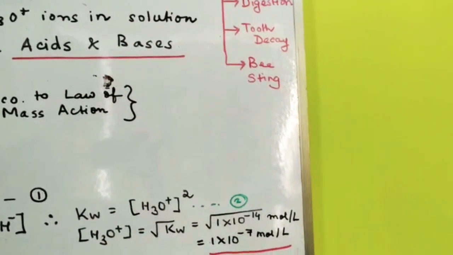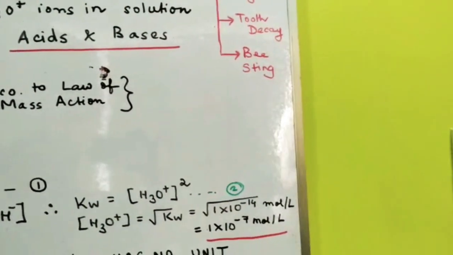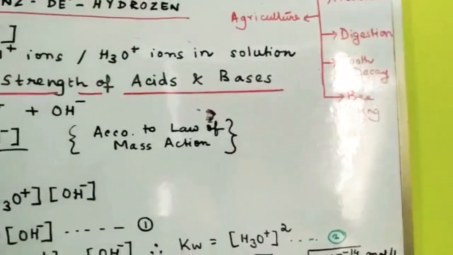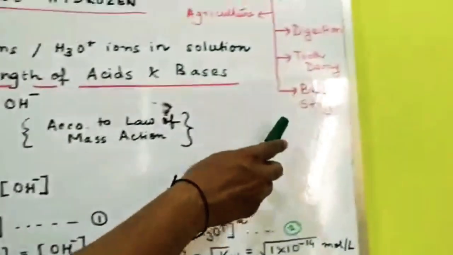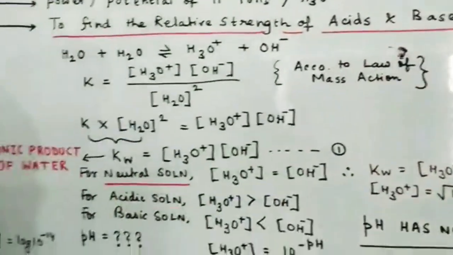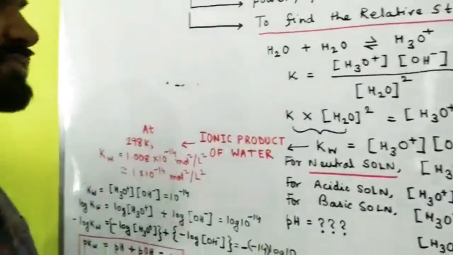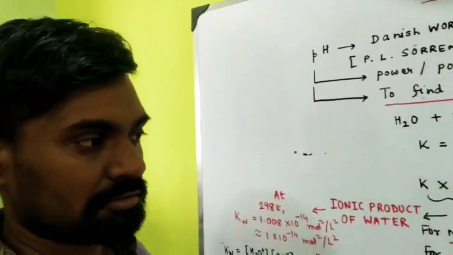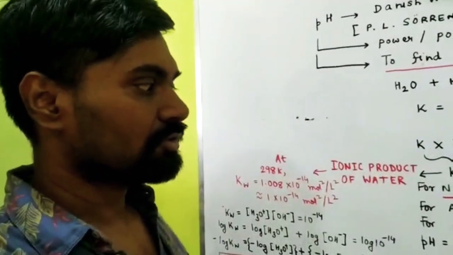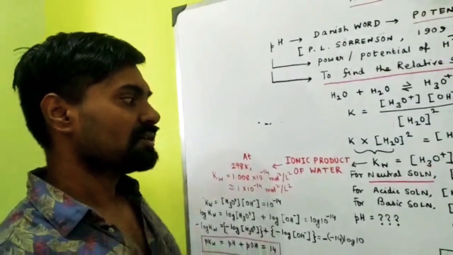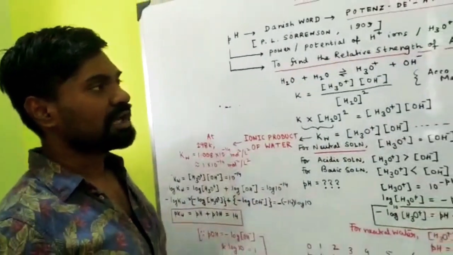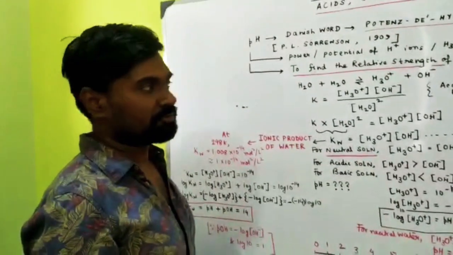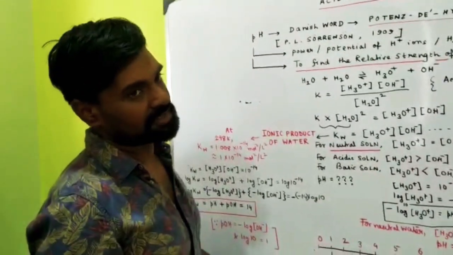And the bee sting, you know that a bee sting contains formic acid, so if there is a sting of the bees, that can be relieved by applying a mild base. So this is all about pH. pH is a very important topic, so you need to concentrate on that. On the basis of pH we have a lot of ideas. This is an overview of the concept of pH from the chapter of acids, bases and salts.